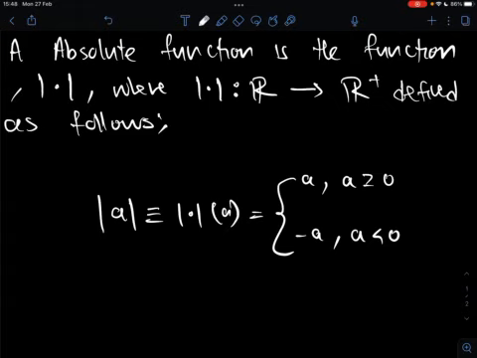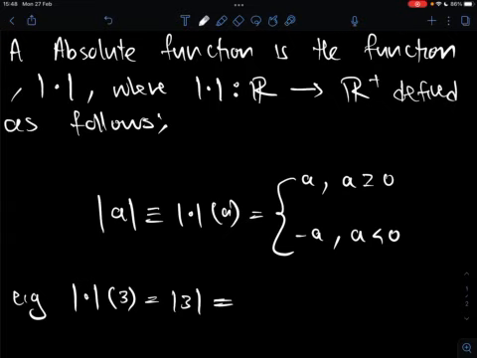So let's understand what exactly this function does. Every time you give it something, let's say now when you want to find f of 3, which you can write as the absolute value of 3, this function checks the nature of the number that you submit to it.